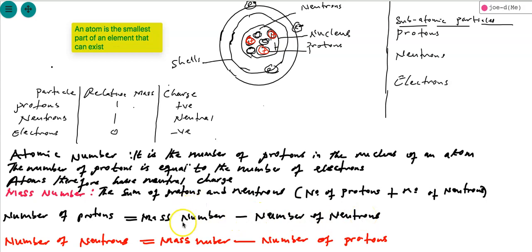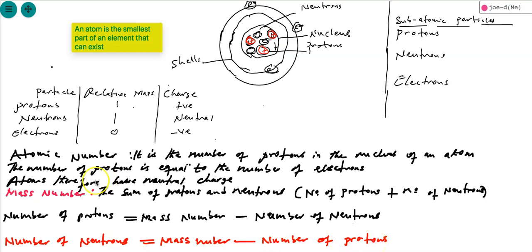So if we know the mass number and the number of neutrons, we can work out the number of protons. Again, we can also rearrange the equation and find the number of neutrons if we know the mass number and the number of protons. So the number of neutrons equals the mass number minus the number of protons.